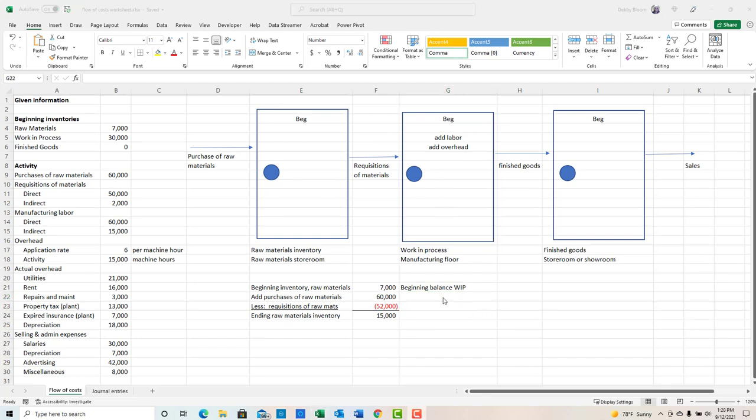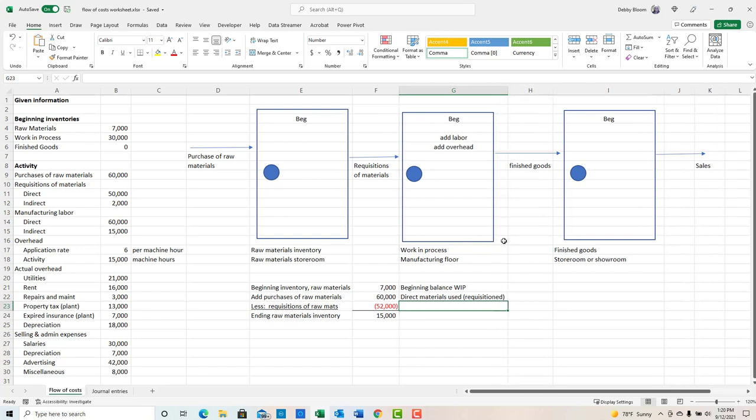To that, we're going to add our direct materials used in production. That's going to be our direct materials requisition. Then we're going to add our direct labor. And we're going to add our manufacturing overhead applied.